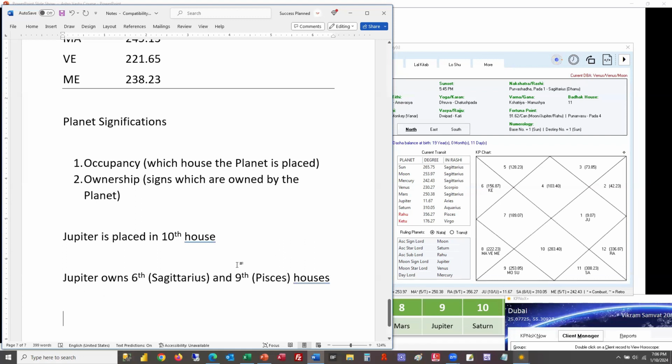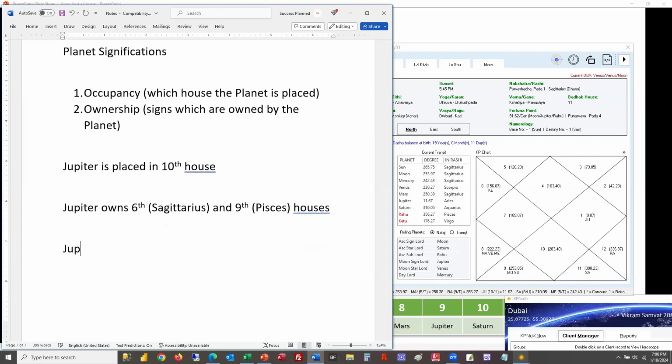So we can say Jupiter signifies 10, 6, 9. So Jupiter will give me the results of the 10th house, 6th house, and 9th house. This is what it means.